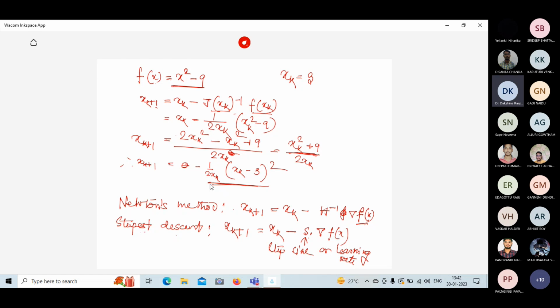So how can we interpret this steepest descent? Here we are taking the scalar step size or learning rate, which is multiplied with the gradient of the given function f x. That means we are moving towards the steepest direction of the gradient of function f x.